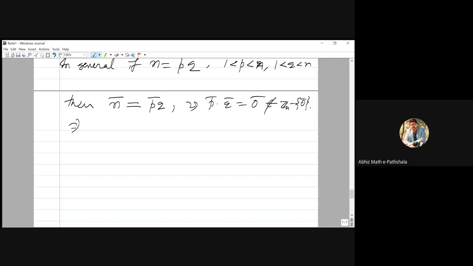So this implies dot is not a binary operation on Zn minus 0 class. So since n is a composite, you can definitely conclude that Zn minus 0 class will not form a group with respect to dot.